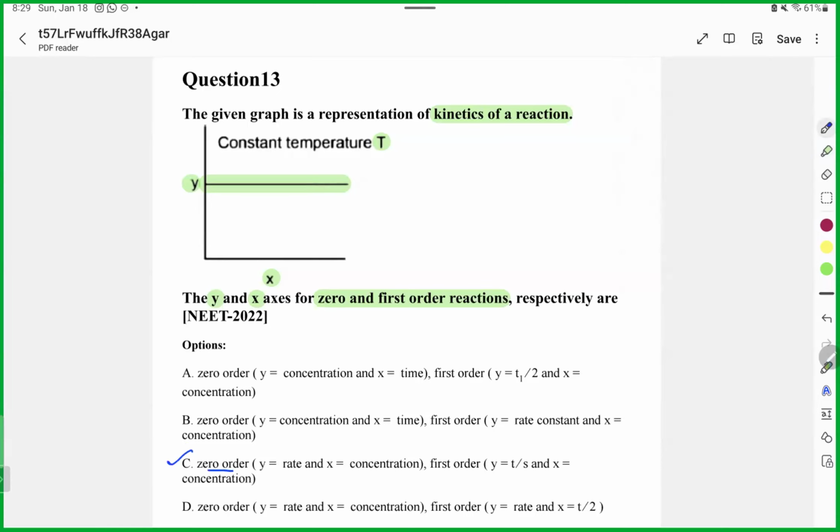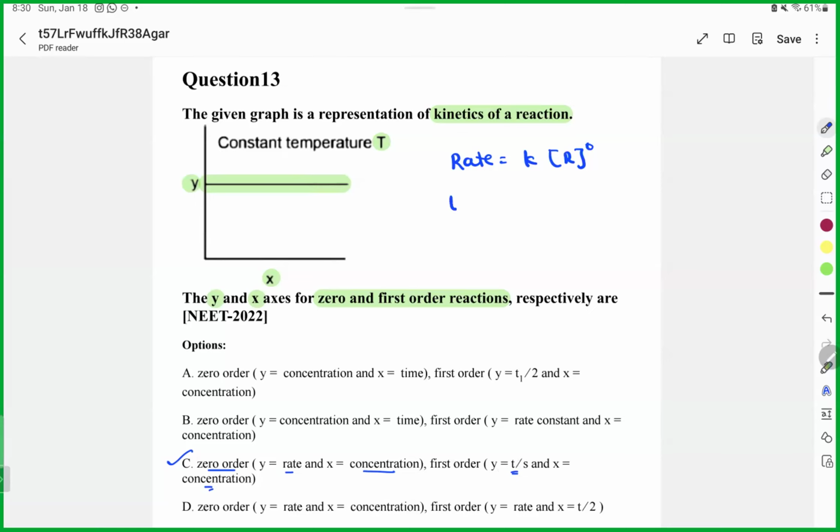In case of zero order, your rate does not depend upon the concentration. For zero order, your rate will be equal to K. Initial reactant concentration zero, so this is definitely correct. Second, in first order, if you take time with respect to concentration, actually this is incomplete.